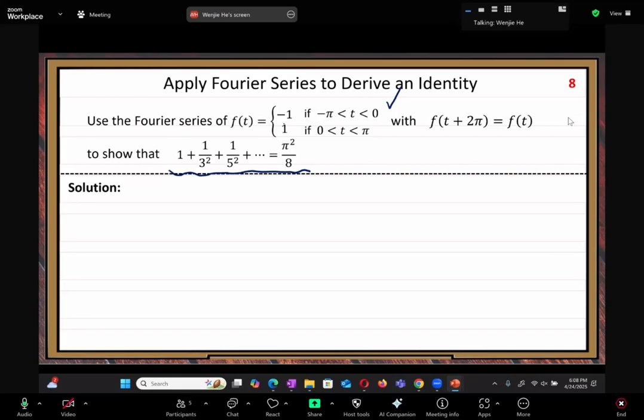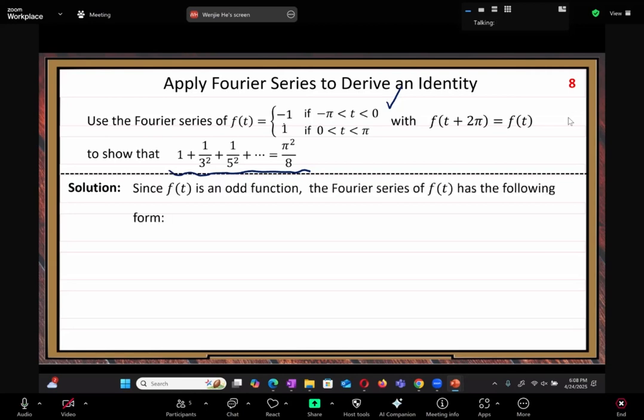So that tells you it is an odd function. If it's an odd function, then we know all the coefficients for the cosine terms are 0. So we only need to calculate the coefficients of the sine terms. We can write out the form of the Fourier series: we only have b coefficients, and all the a coefficients are 0.